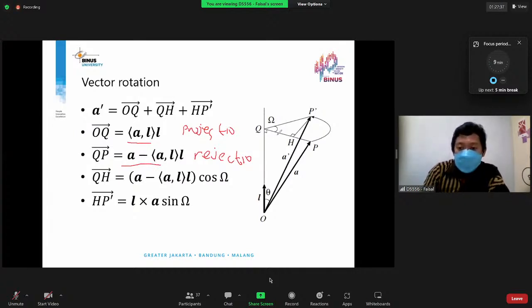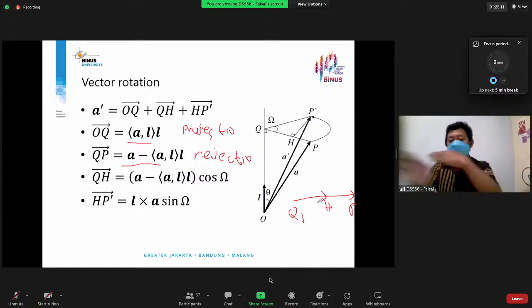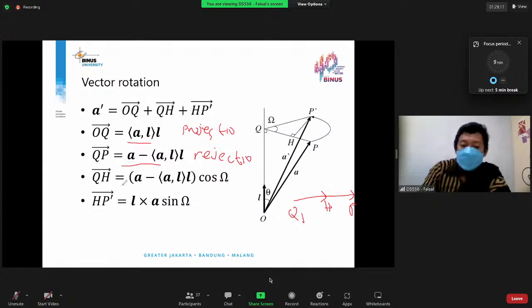And what is KH? KH is in the same direction as QP, so KH is a multiple of QP.